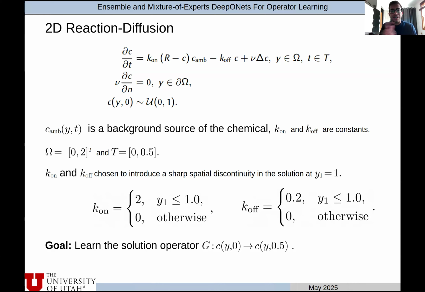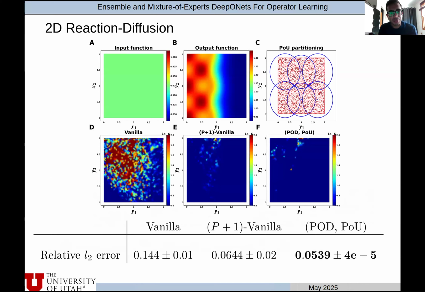So here are some results on this problem. We have examples of the input and output functions on those figures, and the partition of unity patch placement that we did. And throughout the other results too, I'm going to be showing the spatial mean squared errors of the vanilla DeepONet and two of the best ensemble architectures.